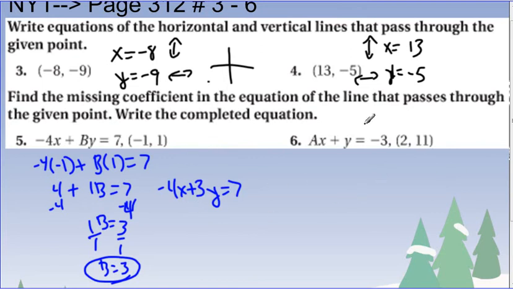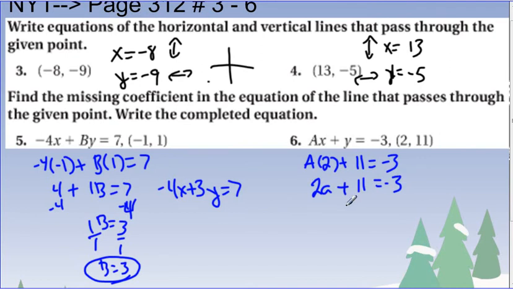And number 6, same deal. ax plus, I guess I don't need the parentheses there, it's not multiplied by anything, y equals negative 3. Simplify, so this becomes 2a plus 11 equals negative 3. Solve, no parentheses, no exponents, no multiply, no combining like terms.